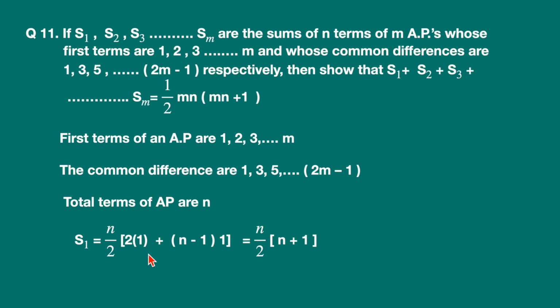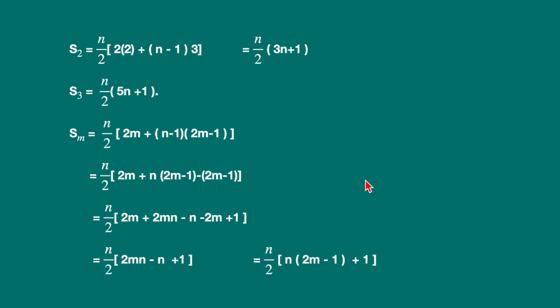That is S1. Similarly, we are going to find out S2, S3, Sm, and then we are going to add up. S2, the first term is 2, common difference is 3. So put in the formula, you get n upon 2, 3n plus 1. S3, you will get n upon 2, 5n plus 1.